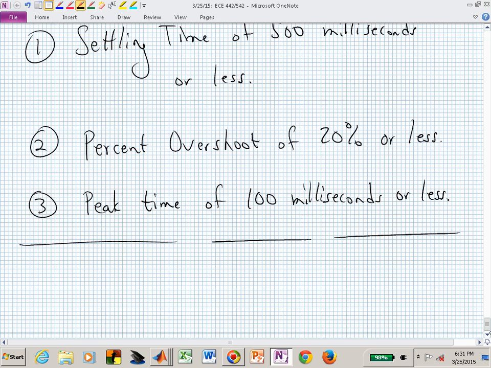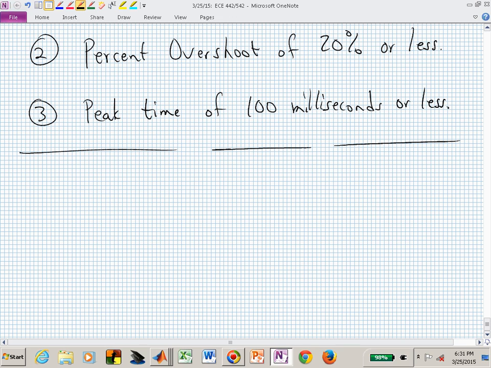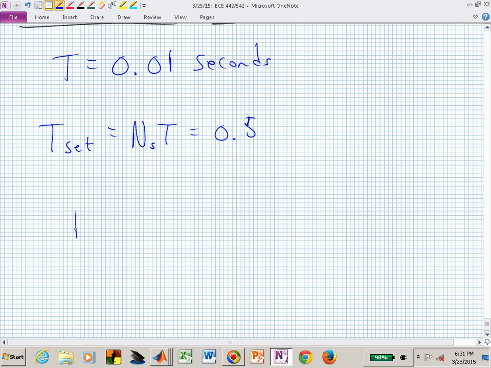Now let's see what we can do relative to those three performance specifications. T, we were told, was 0.01 seconds. The settling time T settle is now 0.5, or 500 milliseconds. N sub S then is T settle over T.